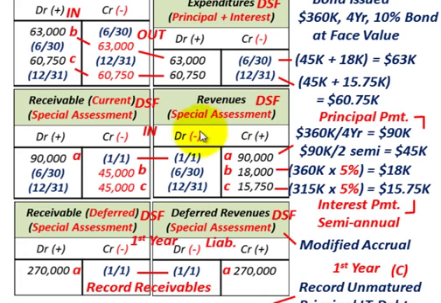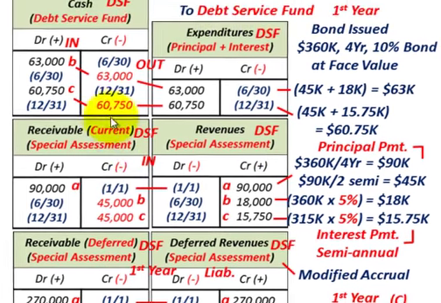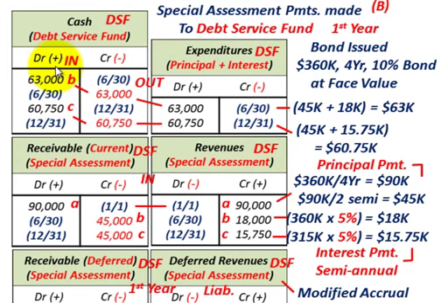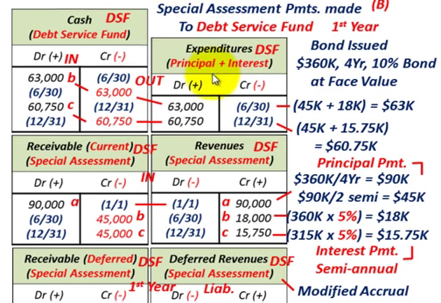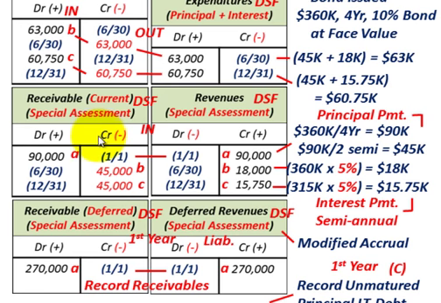And along with that, based on our receivables, we're going to have cash that would be coming in, and it's going to be shown here in our cash account. So we're going to be looking at our cash coming in, and then for our cash coming in, we're going to be paying out that cash here. We're going to be looking at the cash going out as the expenditures. Okay, so let's start with our debt service fund here.